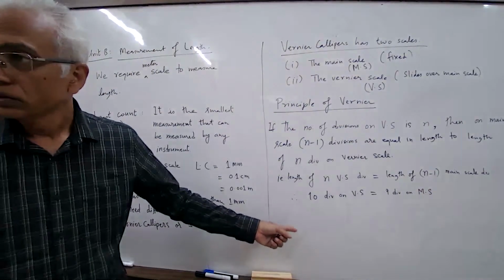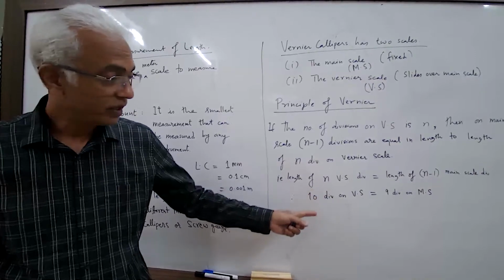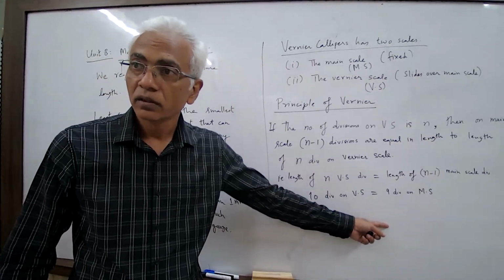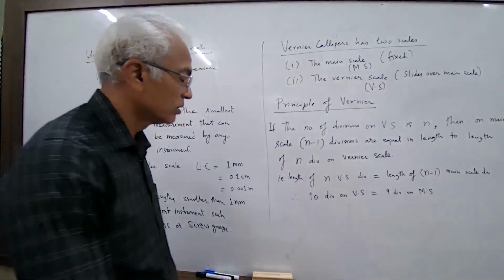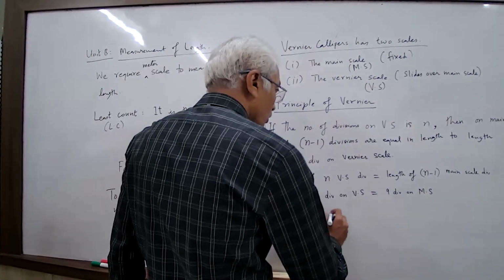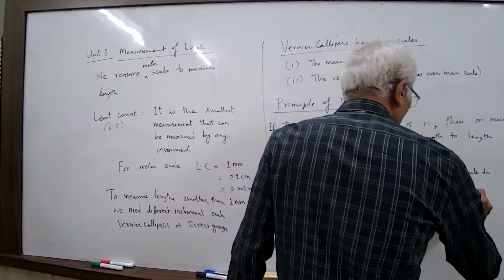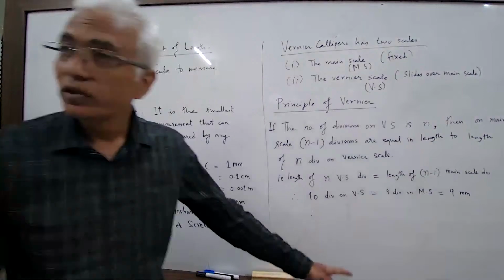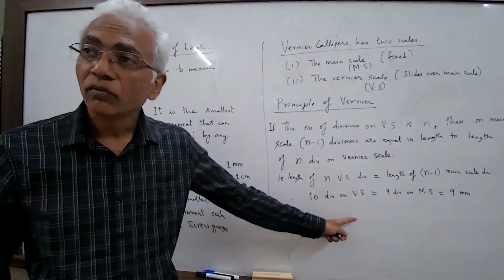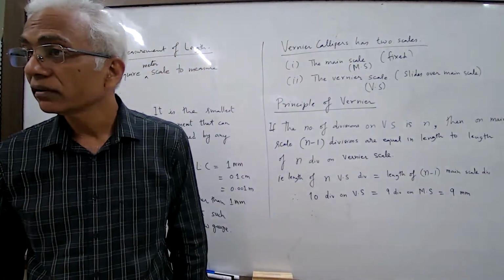Correct? क्योंकि if there are n divisions, meaning if n is equal to 10, then on main scale it will be equal to 9 divisions. है ना? So therefore, which is equal to 9 millimeter. So 10 divisions on vernier scale is equal to 9 millimeter of length.